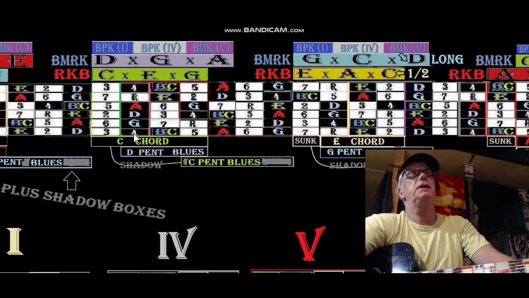Okay, it's going to be D shape, and as you know with D shape, we're going to shape fit that 4th.